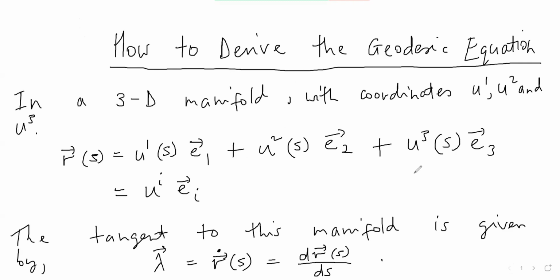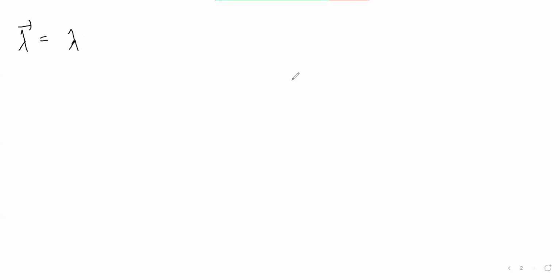You can also express it in general in terms of the basis that we are using, in terms of the basis of this manifold, which is E1, E2, and E3. Before we write it in index notation, let's write it like this.